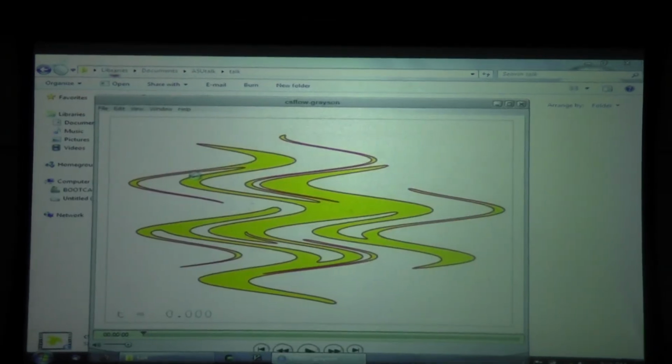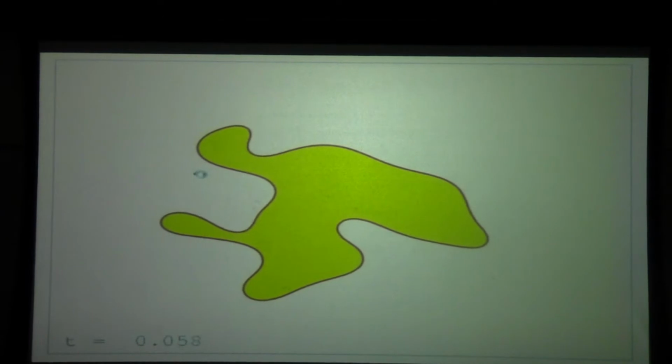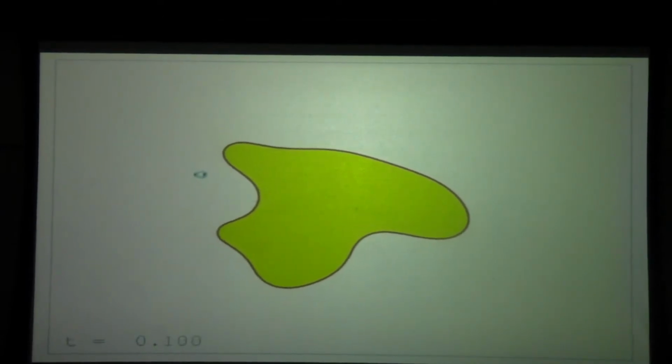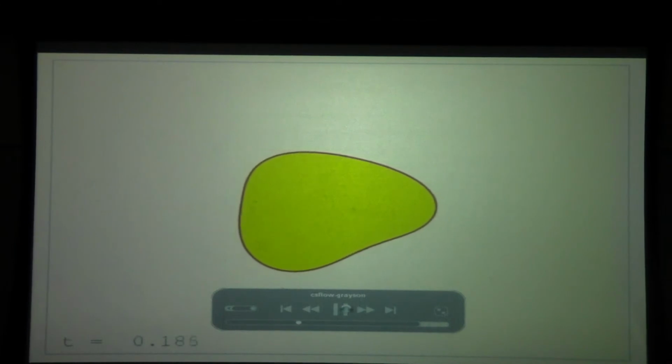Here's an example of a solution to curve shortening. I started with this initial curve. How was it created?